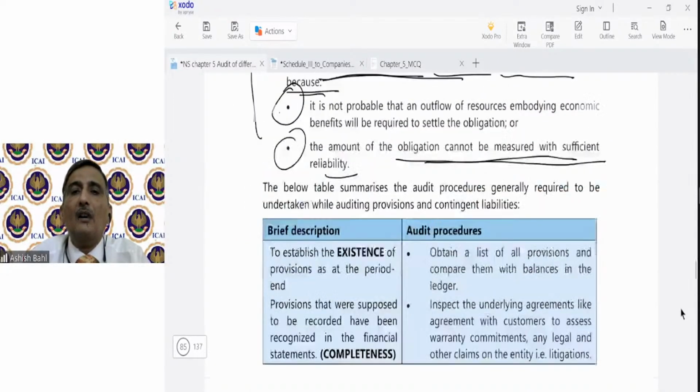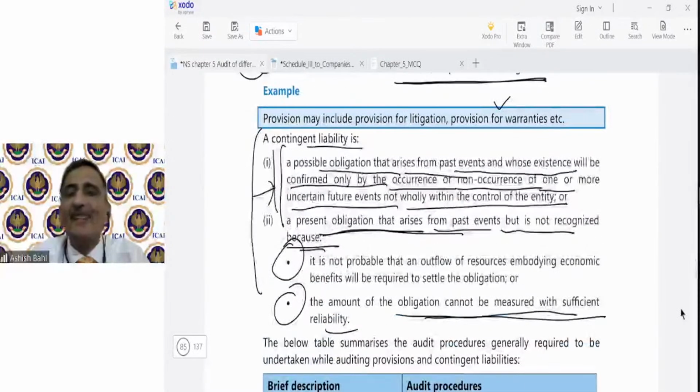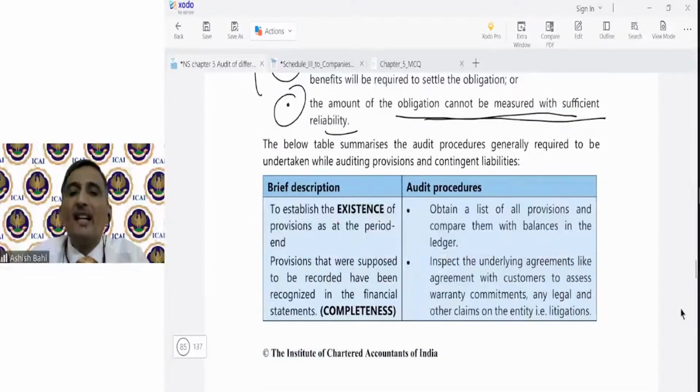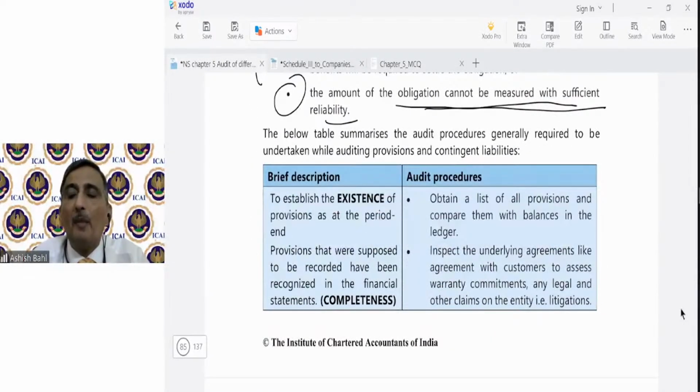So how is the auditor going to verify various assertions pertaining to provisions and contingent liabilities? So obviously he would be concerned about the existence, completeness, and valuation and disclosure relating to all these things.